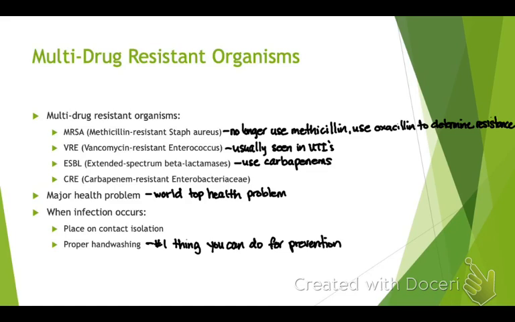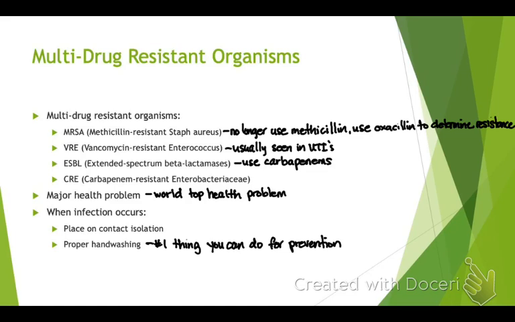Now ESBLs are gram-negative bacteria that produce an enzyme, your beta lactamase, that has the ability to break down commonly used antibiotics such as penicillins and cephalosporins and render them ineffective for treatment. Now, if the ESBL producing bacteria causes an infection, a different antibiotic may need to be used in order to treat the infection.